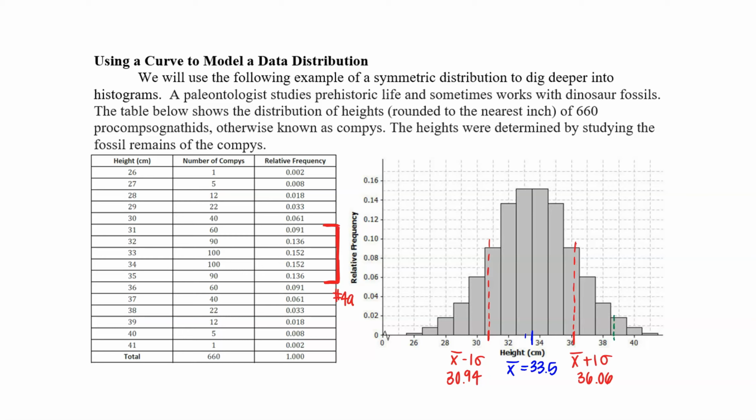And that would be two standard deviations above the mean. Repeating this process, 33.5 minus 2.56 minus 2.56 is equal to 28.38, and that would represent x bar minus two standard deviations.